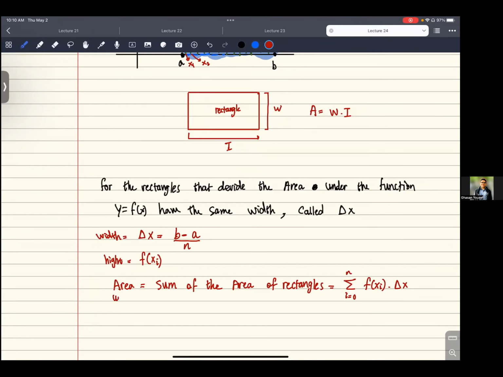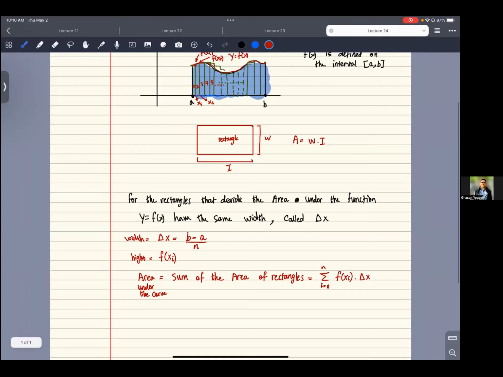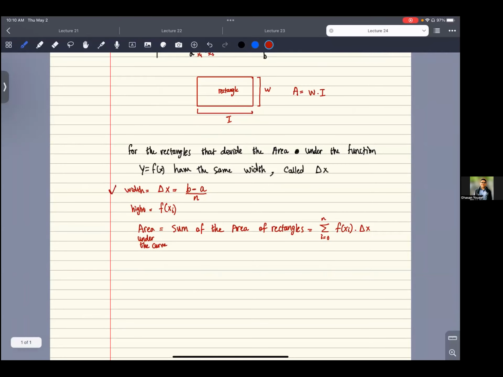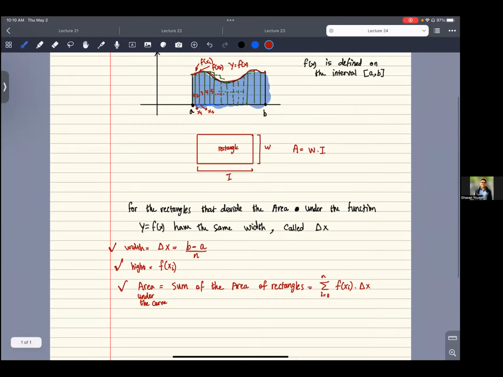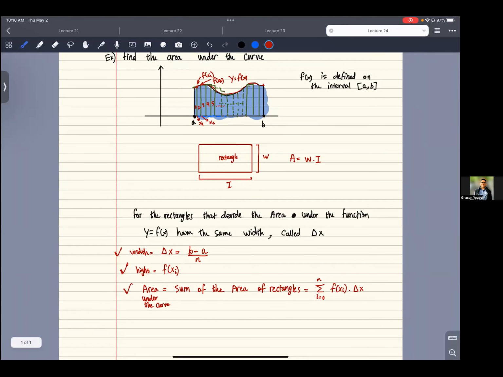That's the area under the curve. So I defined the width, the height, and the area under the curve. Any question before we go over the example? Makes sense?